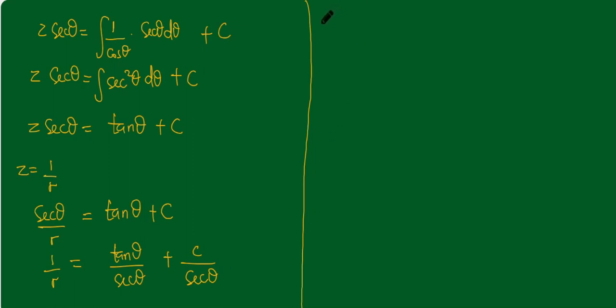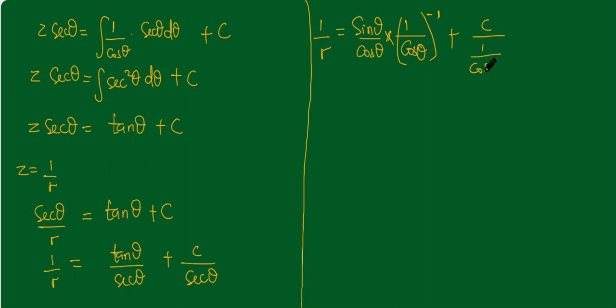So we have 1 over r is equal to tan theta, which is sin theta divided by cos theta, multiplied by 1 divided by cos theta raised to the power of minus 1, plus c divided by 1 over cos theta.